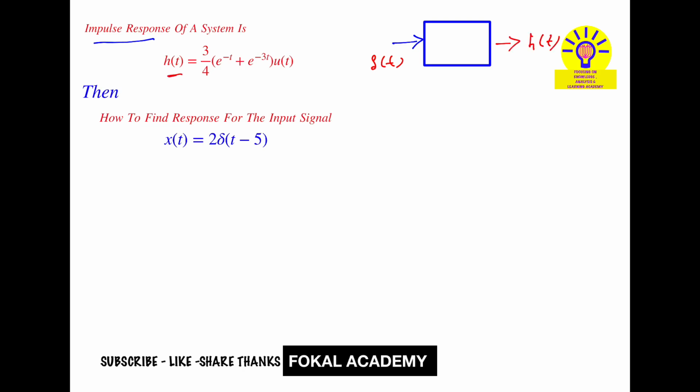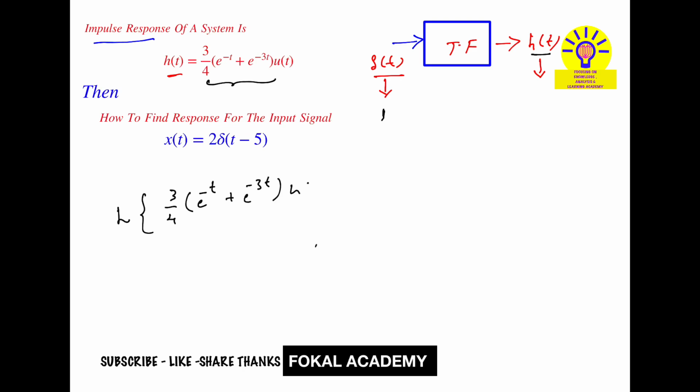For finding the transfer function, first convert this into the frequency domain. The Laplace transform of del of t is 1. Now apply the Laplace transform to h of t. So the Laplace transform of h of t is 3 by 4 into e power minus t plus e power minus 3t, u of t.